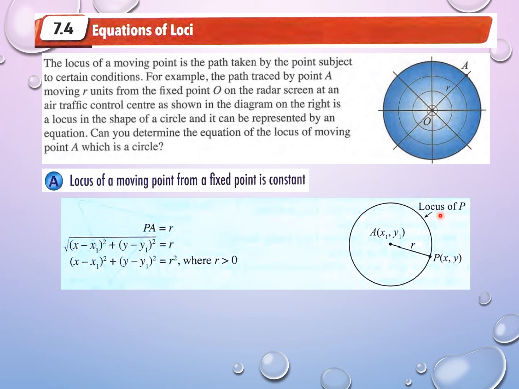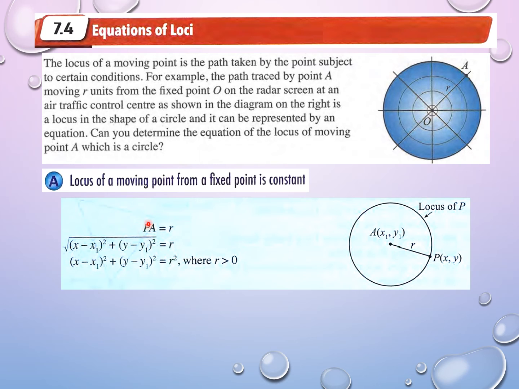How to find the equation? We use the formula for distance. Since the distance is always the same, let it be r. The locus of P means the equation of this circle, so I have to get the equation. P is the moving point, A is the fixed point.